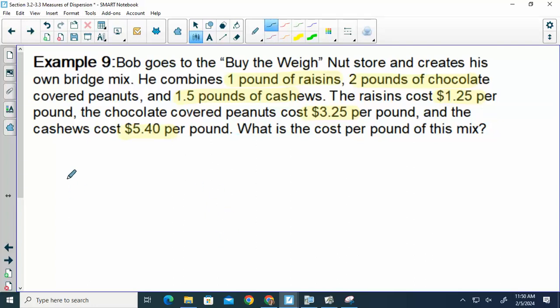All right, so to find it, we have to take each value times its weight. He had 1 pound of raisins, and how much do raisins cost? Add in 2 pounds of chocolate covered peanuts, and those cost.